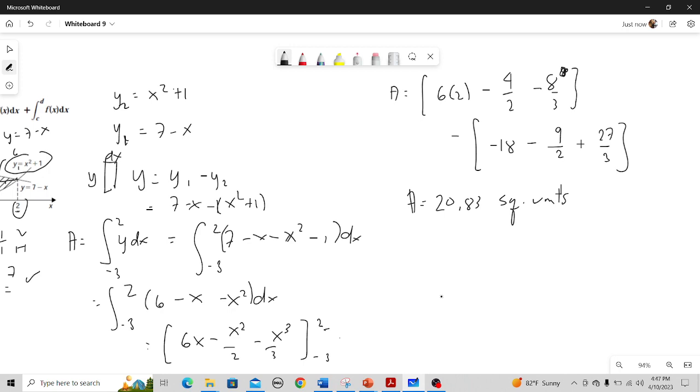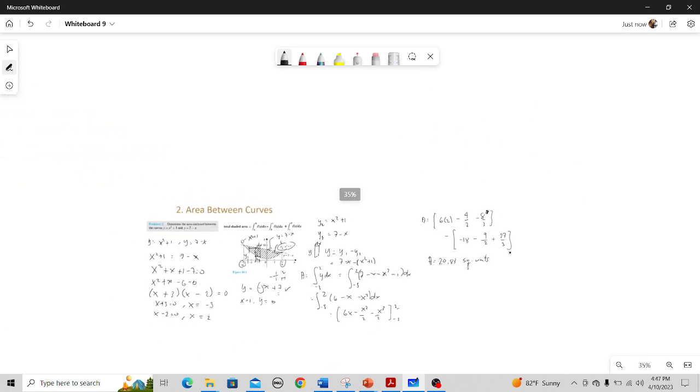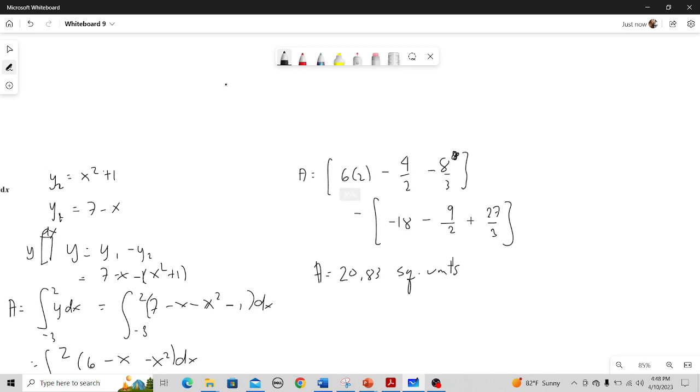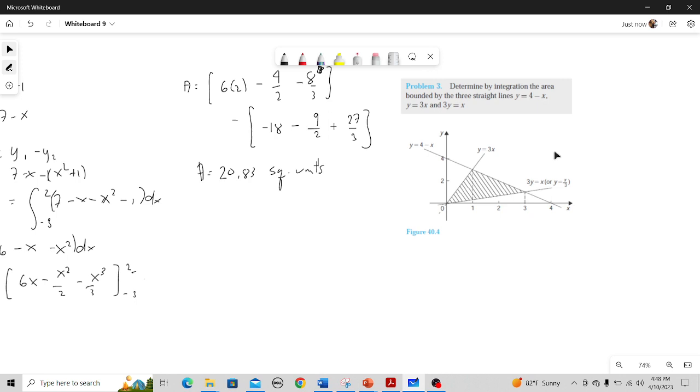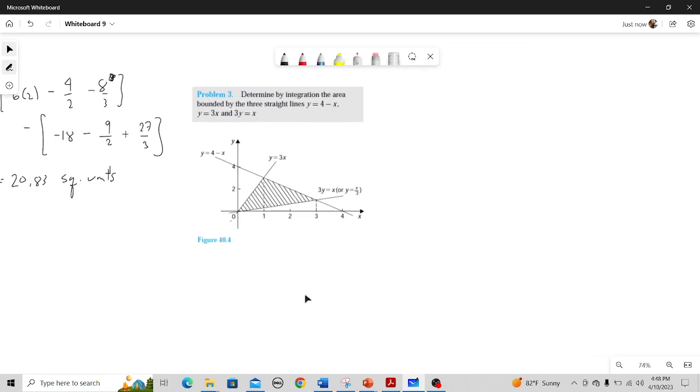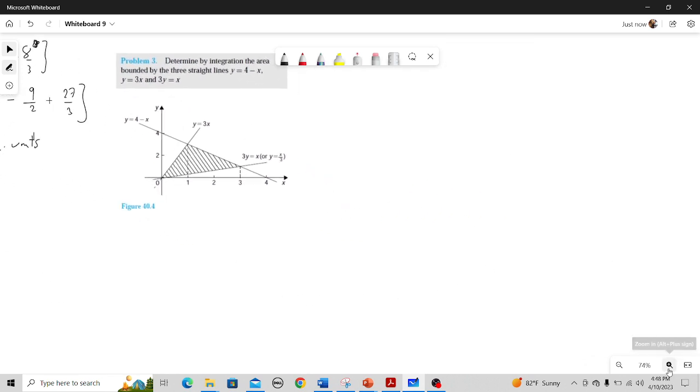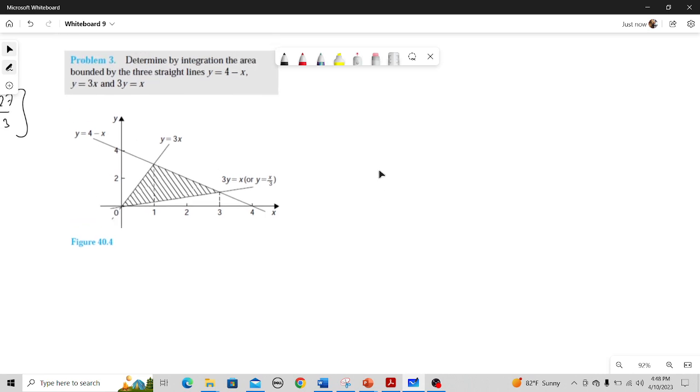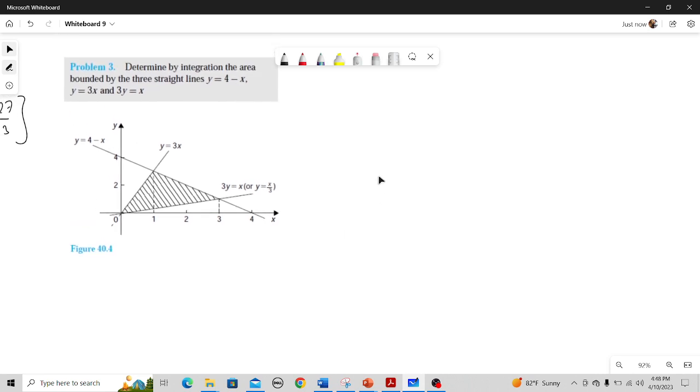Okay, we have our second problem. You have this one. Now you have this area, so it's being bounded by the 3 straight lines. y is equal to 4 minus x.